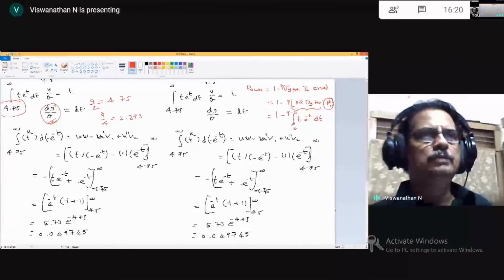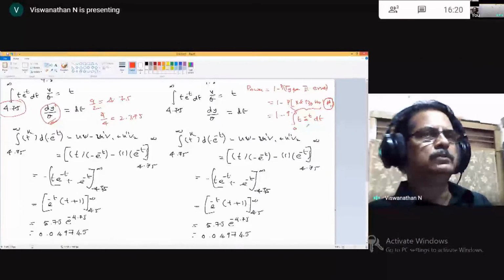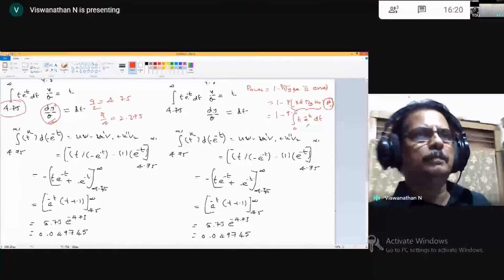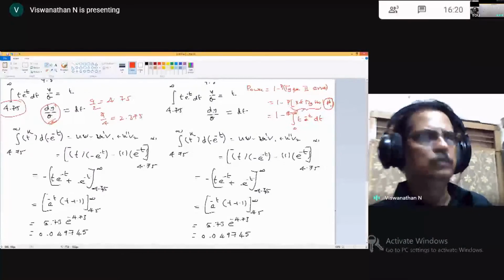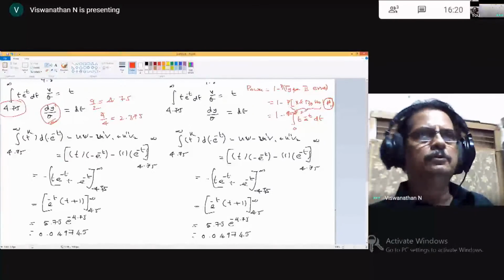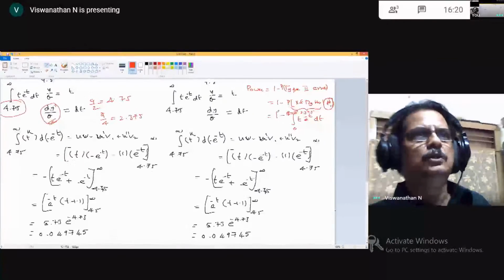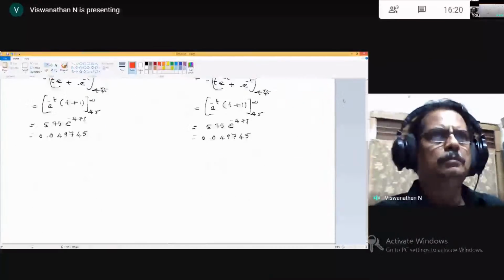So instead of integrating from 0 to the earlier upper limit, that upper limit will now change to 2.375. This is a simple integration that we can integrate separately. That is what I am planning.